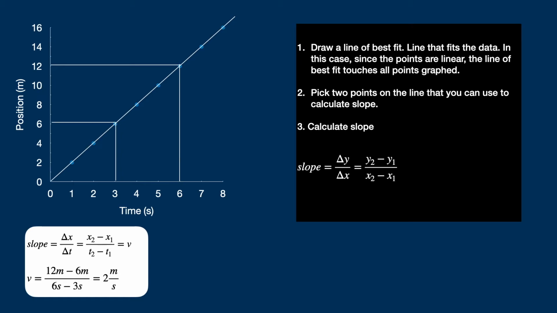So it's delta x over delta t, or x2 minus x1 over t2 minus t1, and that's going to be the velocity, right? So we've learned earlier that velocity is delta x over delta t, at least when we're dealing with average velocity. And you should get a value of 2 meters per second. So in this case, the average velocity is the instantaneous velocity, but we'll look at some examples here soon where that's not the case.